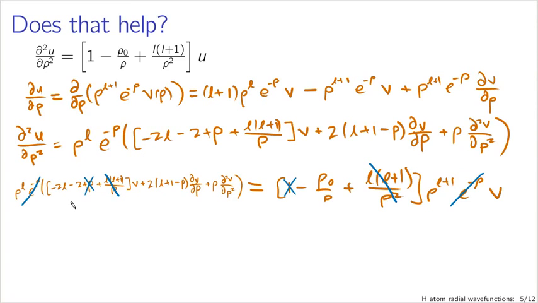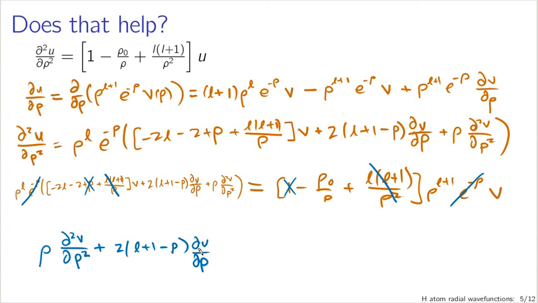What you're left with when you've done all of that, for our overall ordinary differential equation for v, is that rho times the second derivative of v with respect to rho, and I'm rearranging terms, moving things to the left-hand side so we have something that looks more like a typical ordinary differential equation, 2 L plus 1 minus rho, multiplied by the first derivative of v with respect to rho.